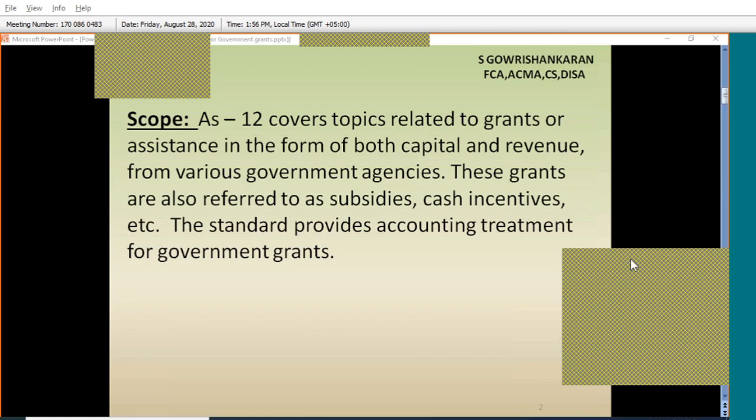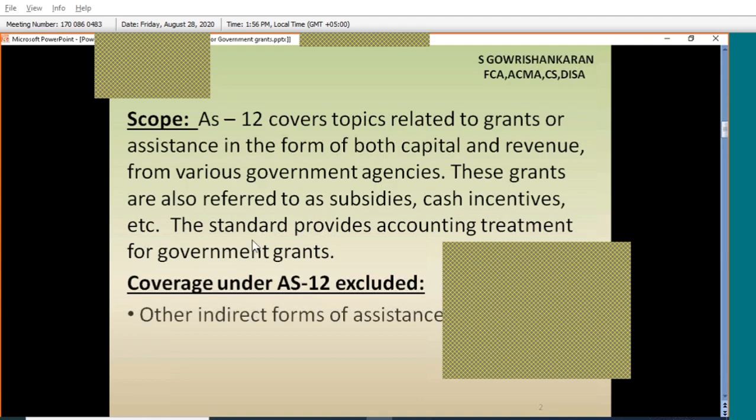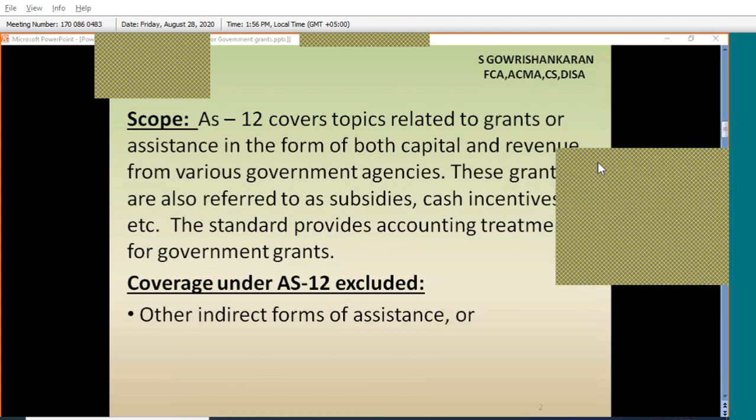Next point. Coverage and excluded. Other indirect forms of assistance are excluded. What is that? Government may give cash, machinery, or land.